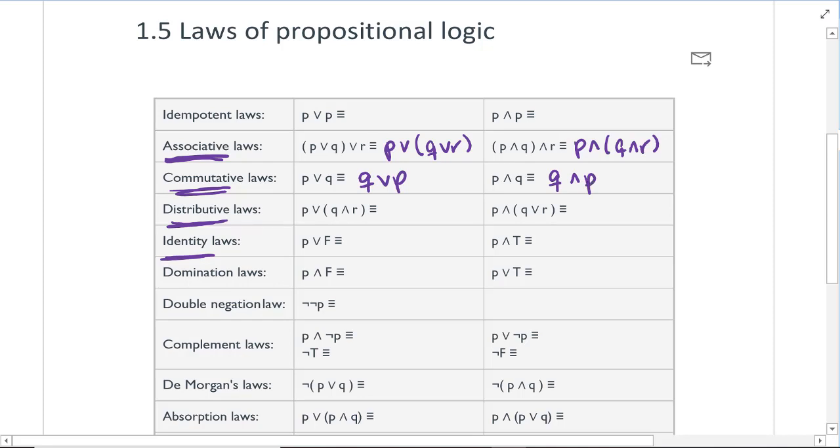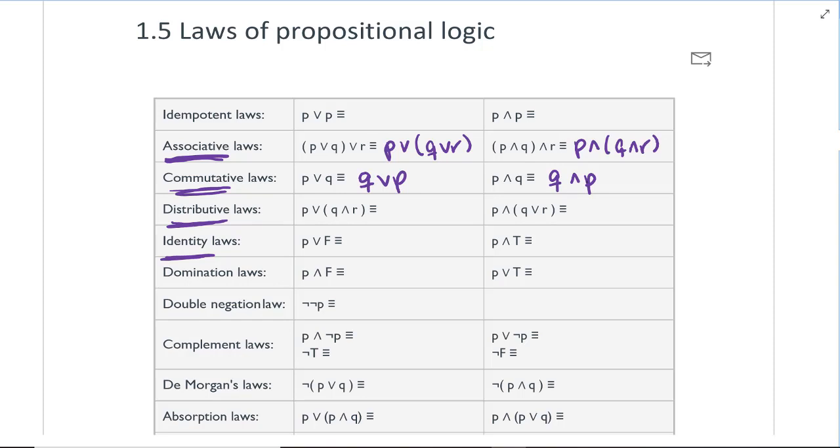Distributive laws usually have something to do with how we can distribute something that's happening on the outside to something that's happening in some parentheses. If you remember, the or operation is very similar to addition, and the and symbol is very similar to multiplication, so this is how that works.